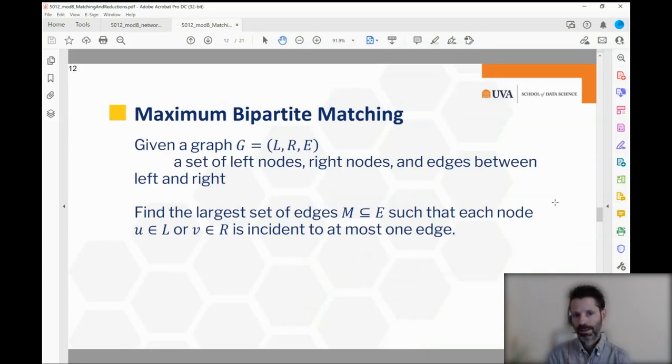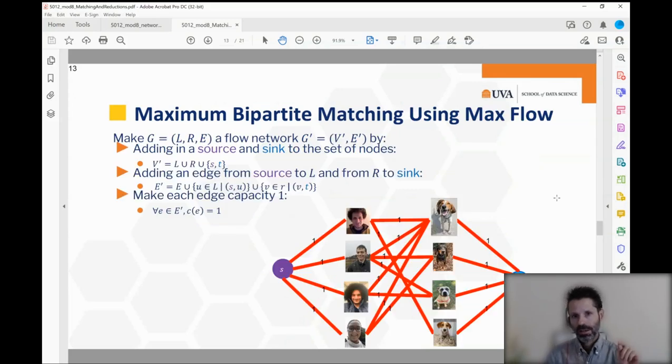Now, one really interesting thing to note here is that we can solve this problem using a problem solution pair that we have investigated previously, specifically looking at flow networks and finding the maximum flow. So how can we do that? Well, if we take our bipartite graph, we add a source and a sink, and we simply assign an equal capacity to each of these edges, just to indicate that we can assign one person to one dog.